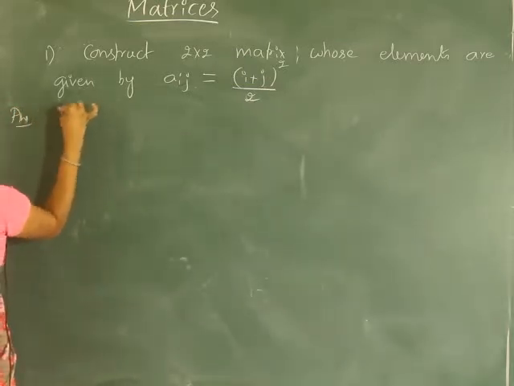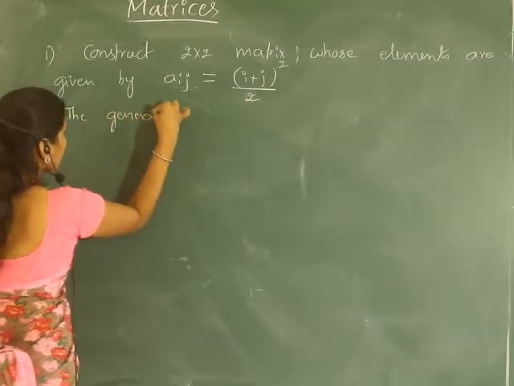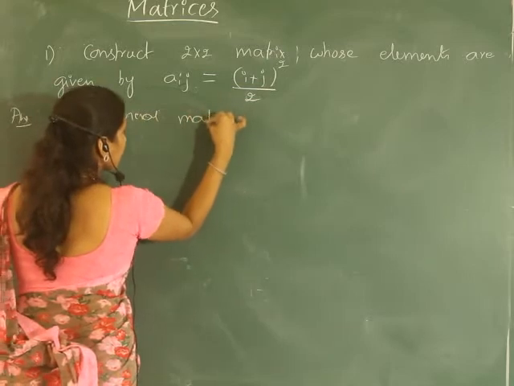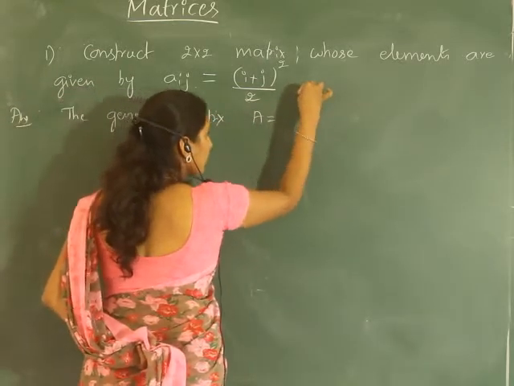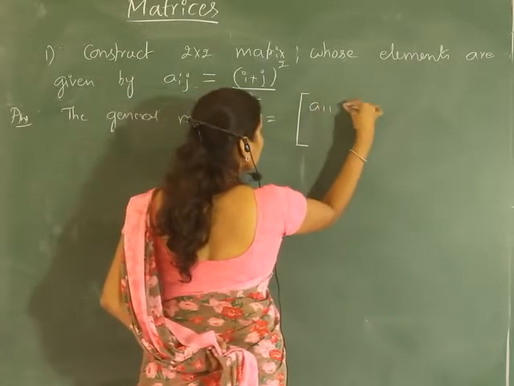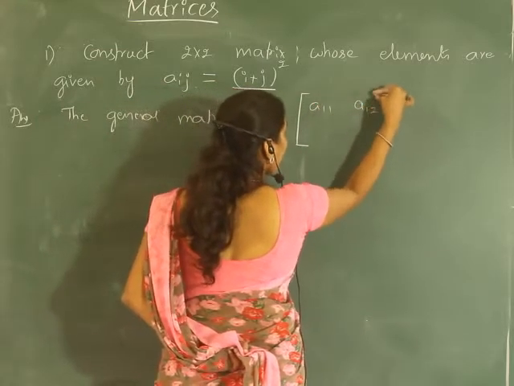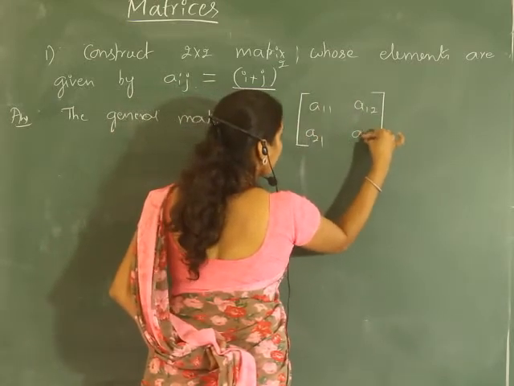The general matrix A is equal to, since it is a 2 by 2, only 4 entries: A11, A12, A21, A22.